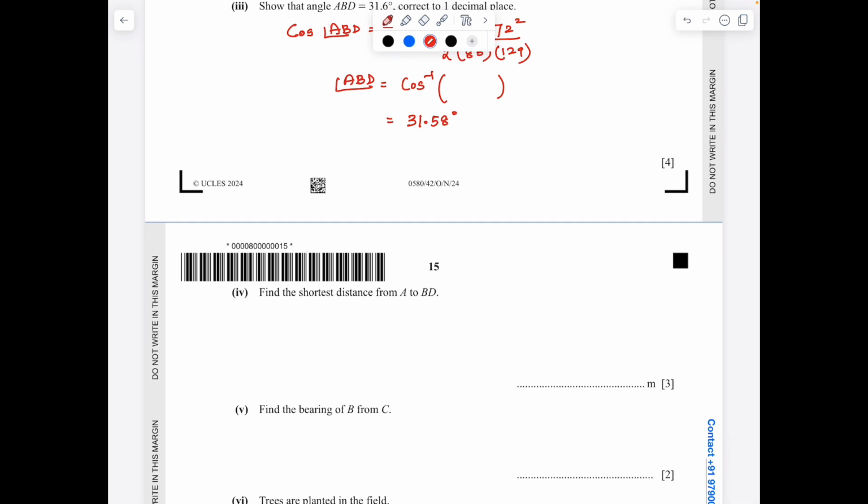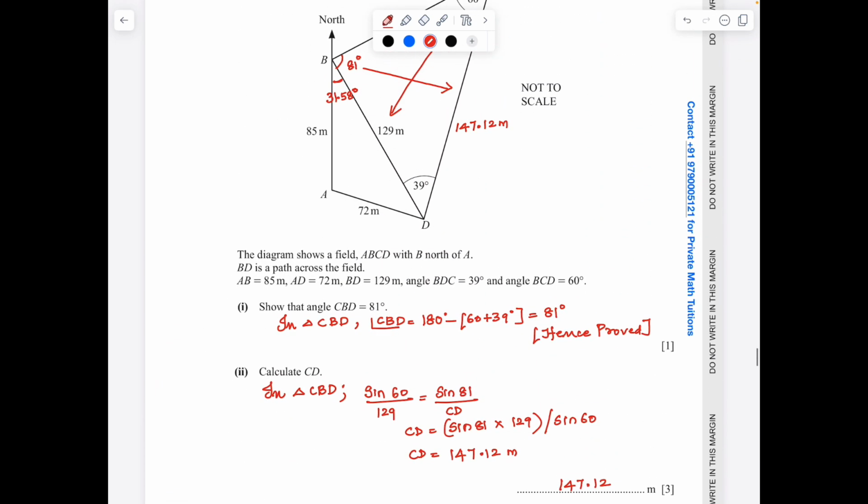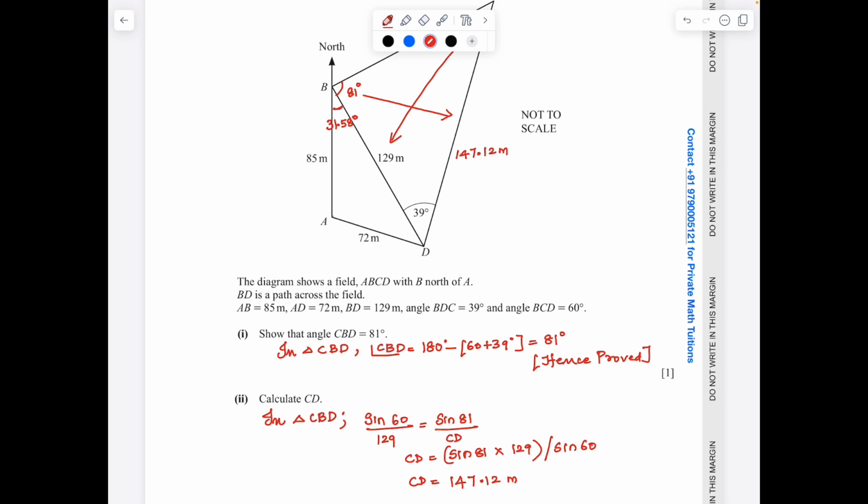Subdivision 4. Find the shortest distance from A to BD. So let me drop a perpendicular from A to BD and name this point as M. So AM would be the shortest distance and no other line would be the shortest.